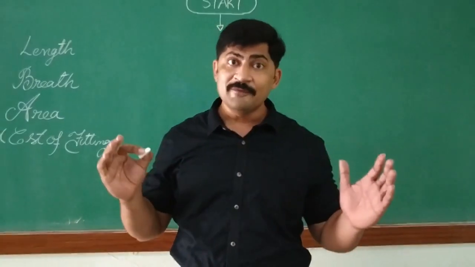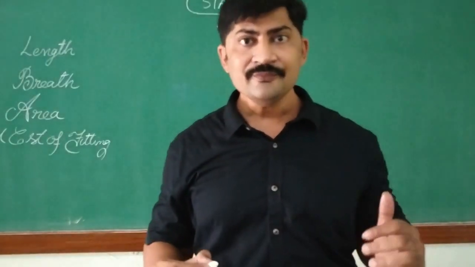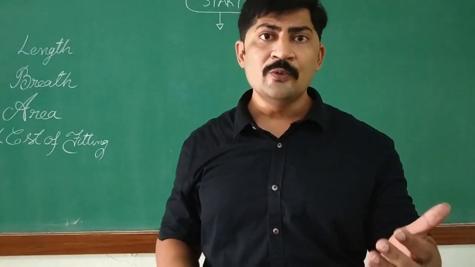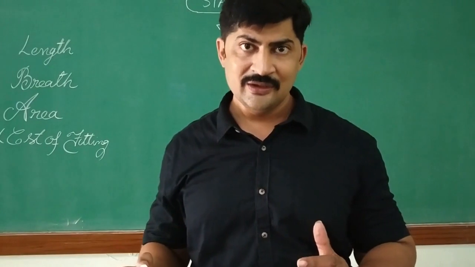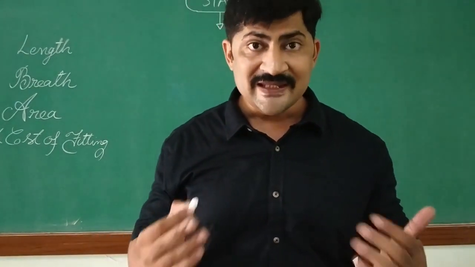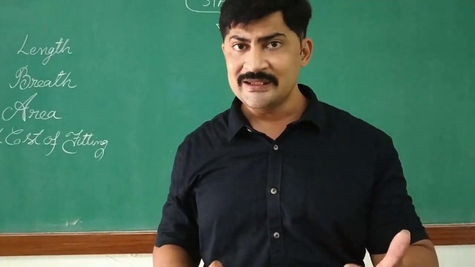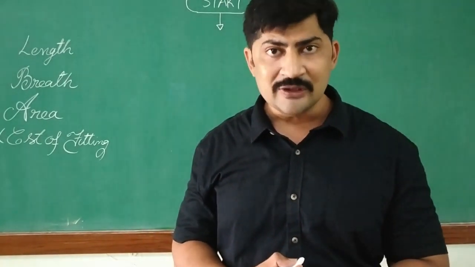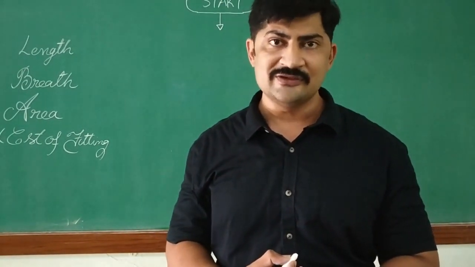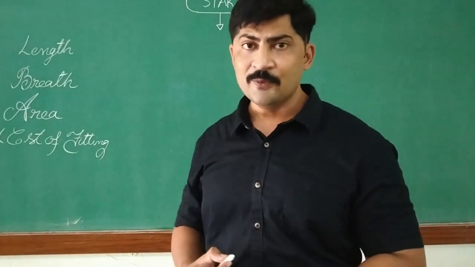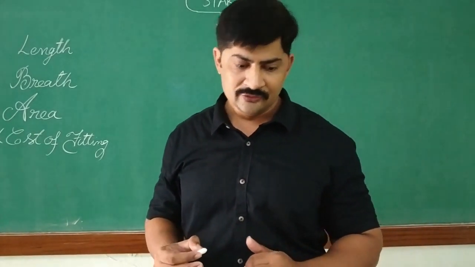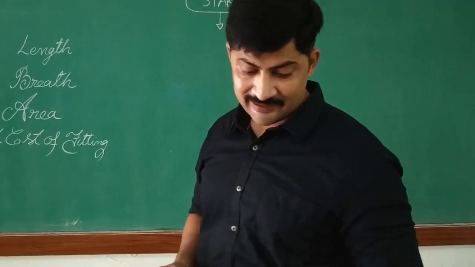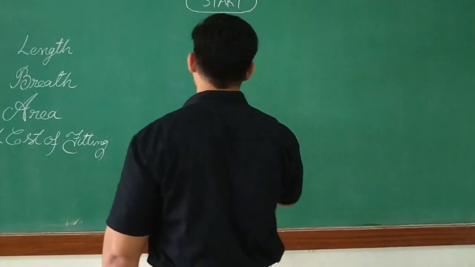Now what will be the first thing we will have to do? We will have to input length and breadth. In the program we need to input length and breadth. On the basis of that only we will be able to do the further calculations, right? So how to input? The input symbol is like a parallelogram. So I draw that symbol and in that I will write input length and breadth.